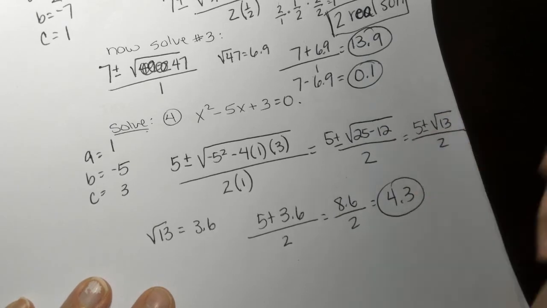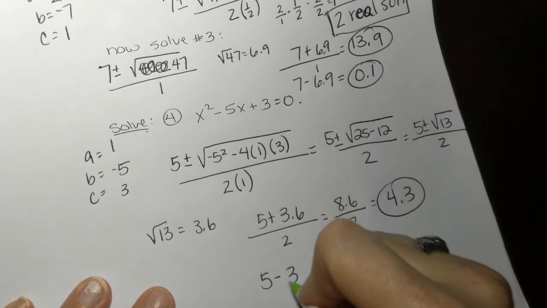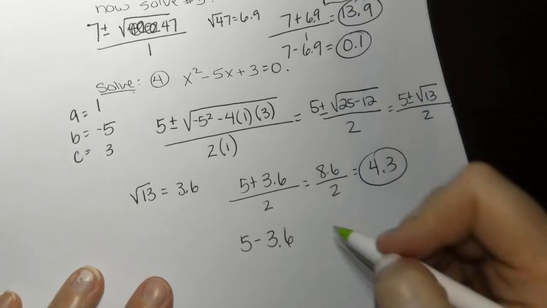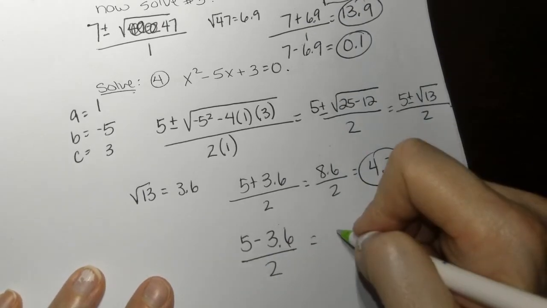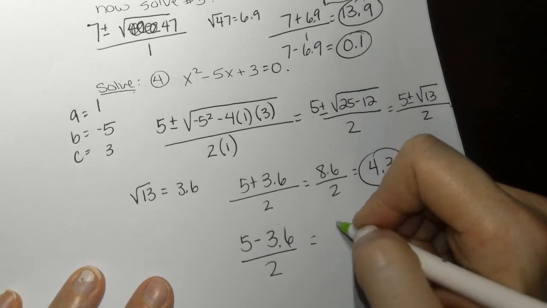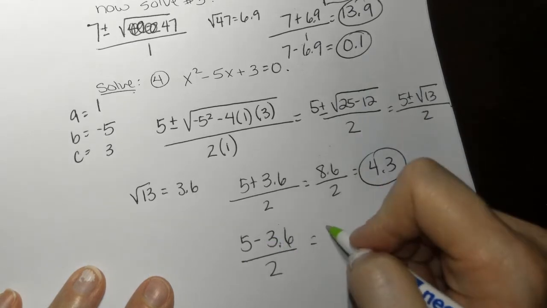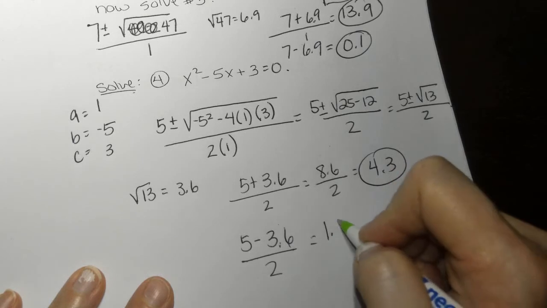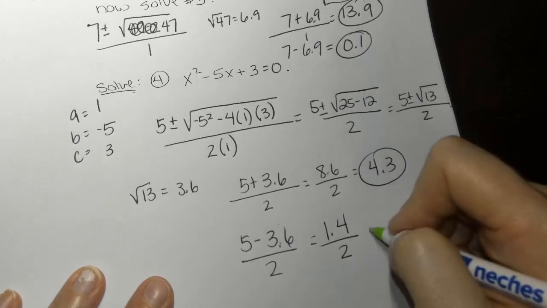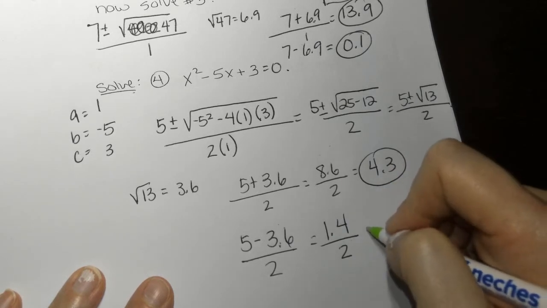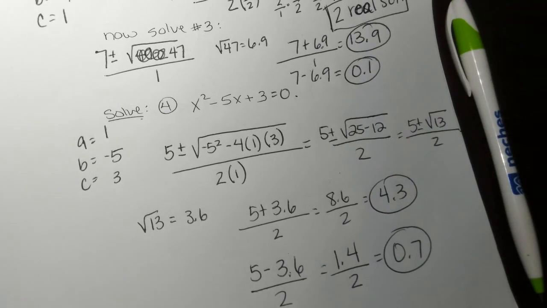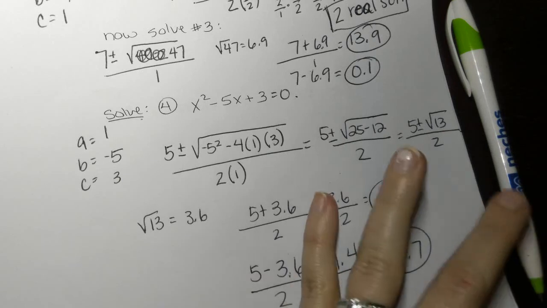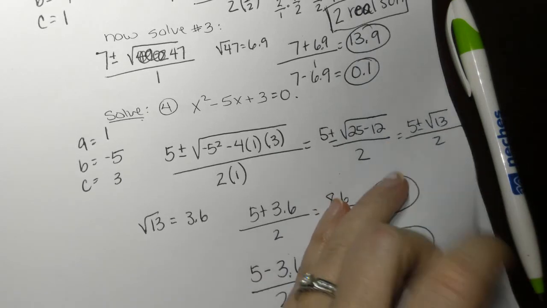That's one solution. And then 5 minus 3.6 divided by 2 is going to be 1.4 divided by 2, which is just 0.7. Those are your two solutions. Okay.